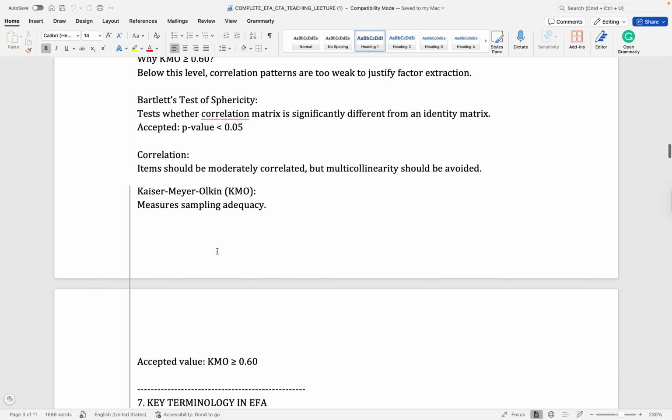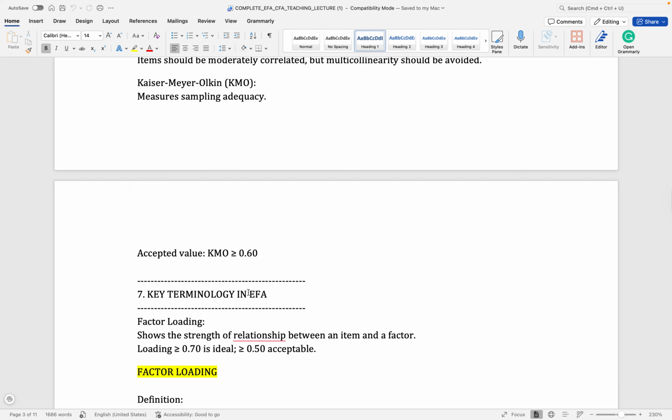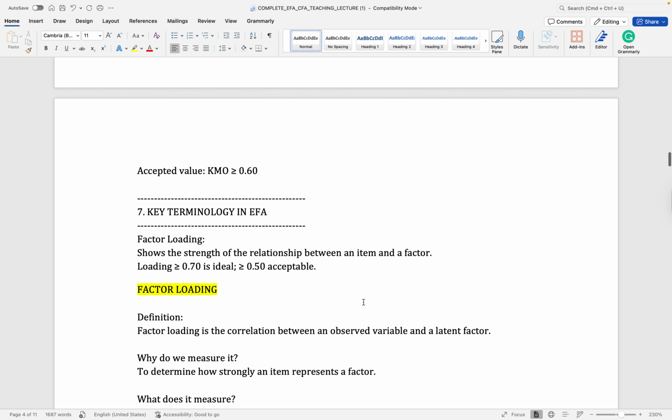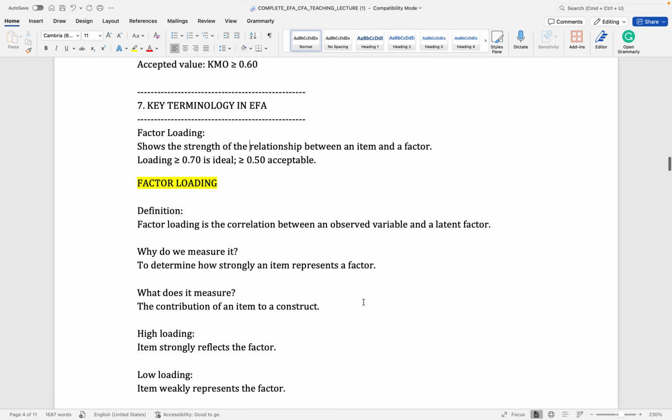KMO measures sampling adequacy, with an acceptable value, as I said before, of 0.60. Key terminology in EFA. Factor loading shows the strength of the relationship between an item and a factor. Loading of 0.70 is ideal and 0.50 is acceptable.